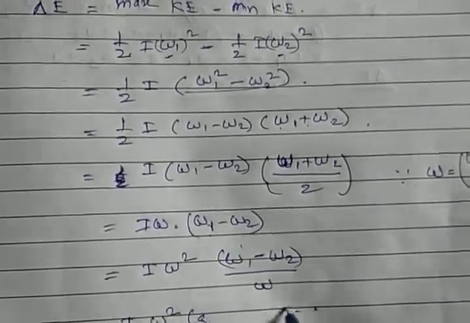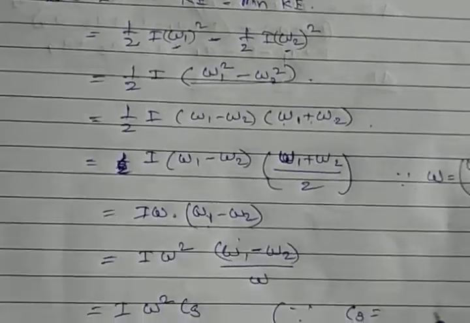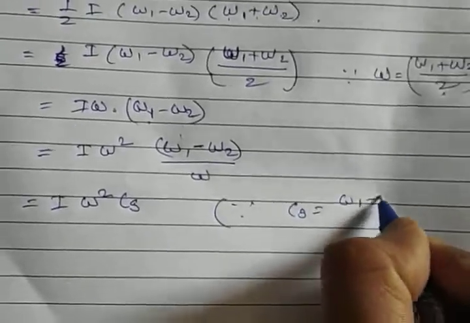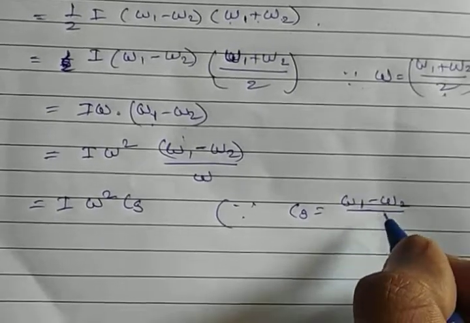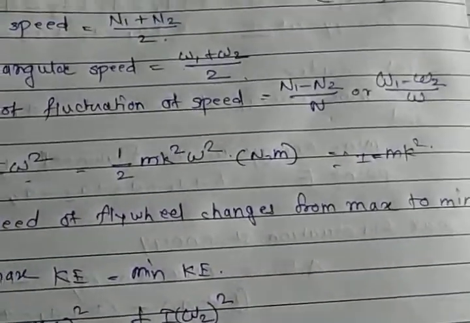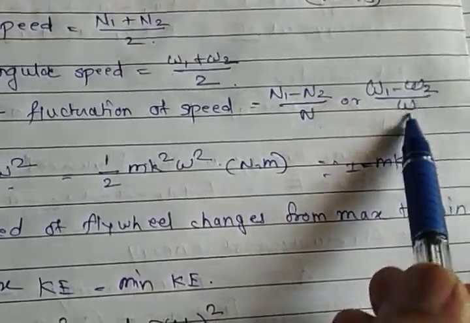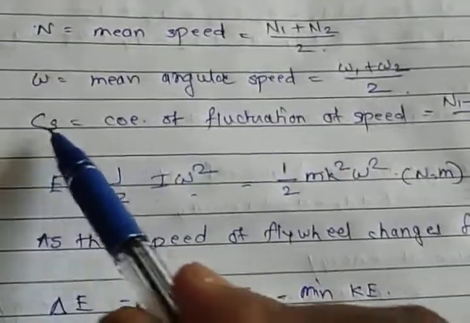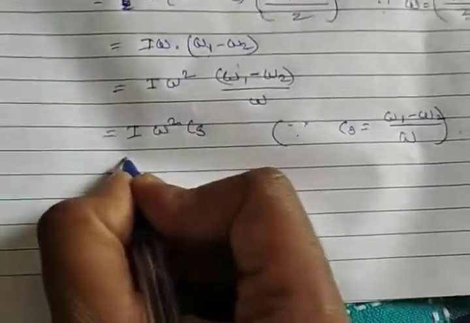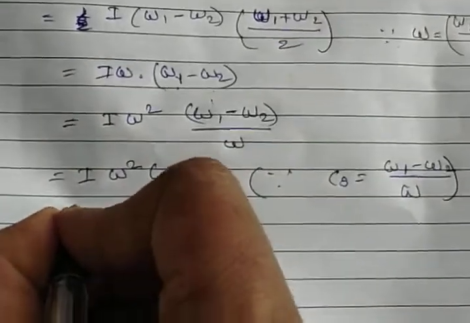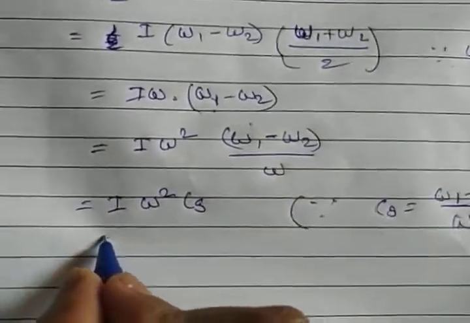Cs is omega 1 minus omega 2 divided by omega, the coefficient of fluctuation of speed, as already written here.